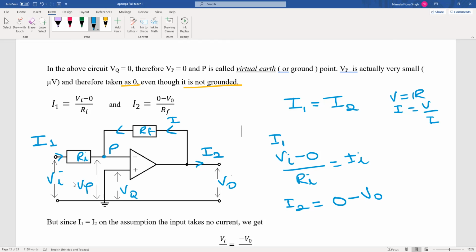Why is it being minus? Because inverting, right? It's going to be a negative value, so our V naught is automatically a negative value. So this over RF. So we end up with minus V naught over RF.